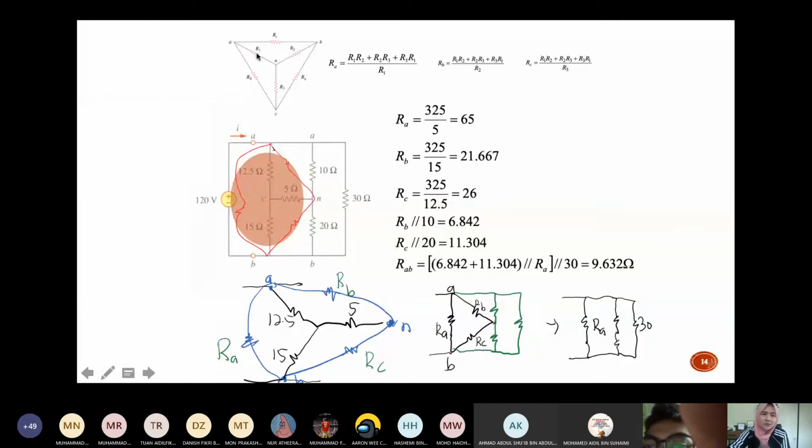You don't need to actually label this is R1, this is R2, this is R3. You just need to know that if you want to calculate this resistor, all of these resistors multiply and add, but divide by the resistor opposite to it. Okay, is that your question? And am I answering your question just now?